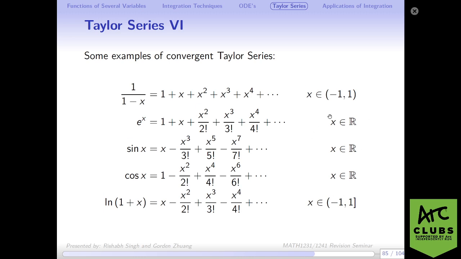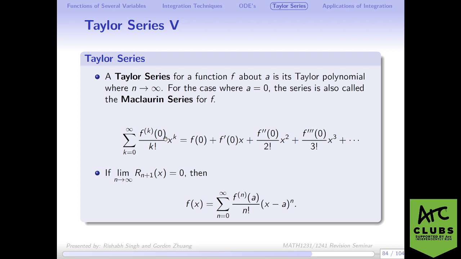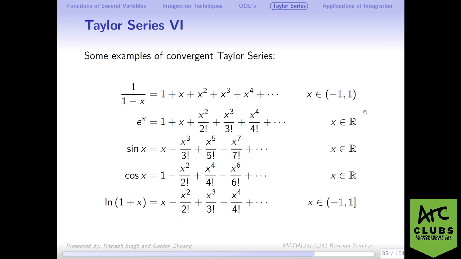This is just stating where this Taylor series applies, because remember the remainder only applies for values in some range. So when we're outside this range, then we can't apply this Taylor series. However, for functions like e to the x and these trig functions, the range is infinite. So we can use this for any x.